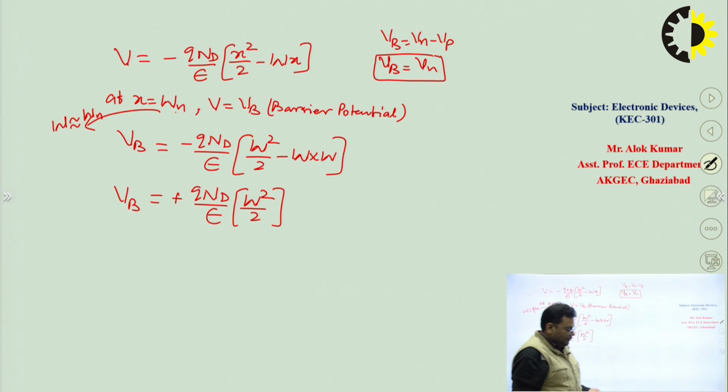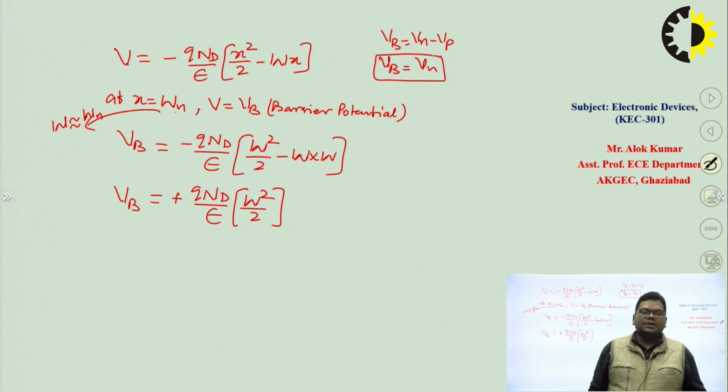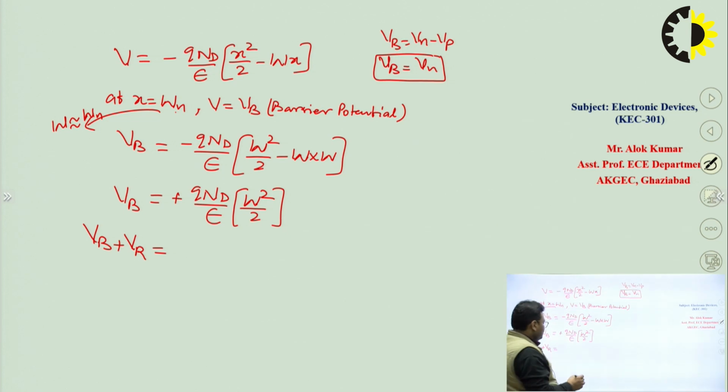But here we are considering the transition capacitance in case of reverse bias, and till now we have not taken the effect of reverse bias. So we will add the reverse bias voltage in this equation. After adding it, the equation will be VB plus VR, where VB is the barrier potential and VR is the reverse bias voltage. So VB plus VR is equal to q into Nd upon epsilon into W square by 2, right?